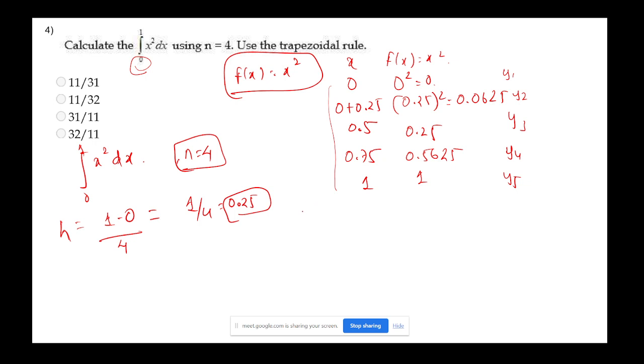It will be nothing but I equals 0.25 by 2 into y1, 0 plus y5, 1, plus 2 into y2 plus y3 plus y4, that is 0.0625 plus 0.25 plus 0.5625.